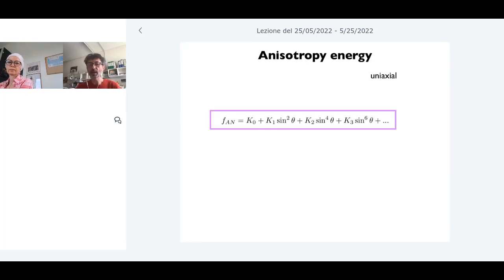So you have K0, which is a constant, it doesn't matter. And then you have the first anisotropy constant, K1, multiplied by sine squared. This means that being in this direction or the opposite, as far as anisotropy is concerned, is the same, and it is being perpendicular that accumulates some anisotropy energy. This is in the case K1 is positive. And then you may have more complex higher-order terms that very often are needed, and in many cases they are not.